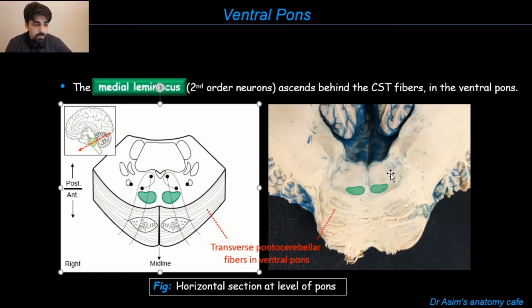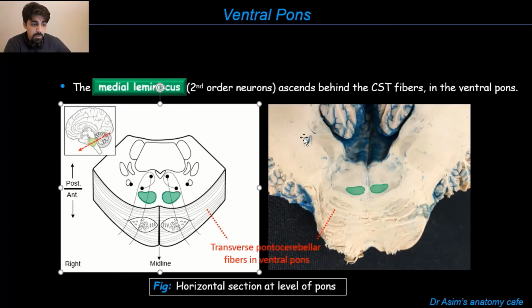Now if you look at the prosection of the pons over here, you can see these horizontally running transverse pontocerebellar fibers very clearly, and this is actually one of the hallmark features of the pons, with the help of which we can identify the section of the pons when we look at a prosection of the brain. Right behind the pontocerebellar fibers, this is the region where the medial lemniscus would be ascending.